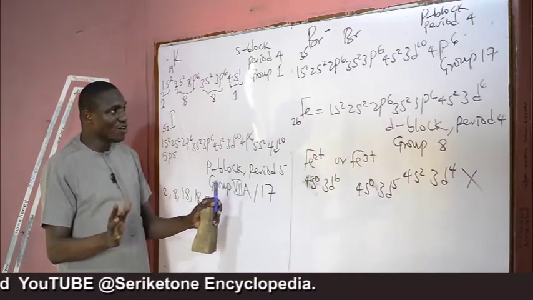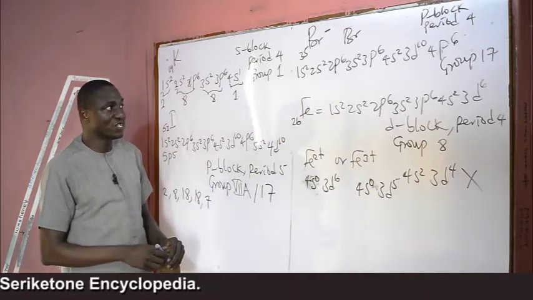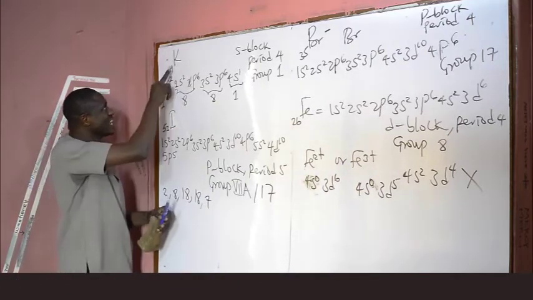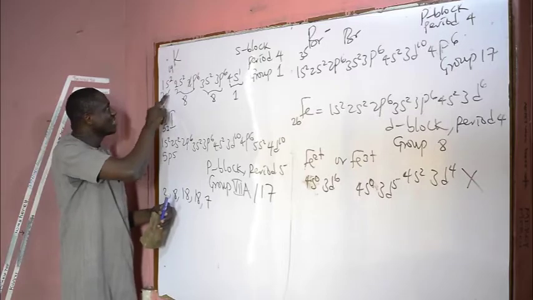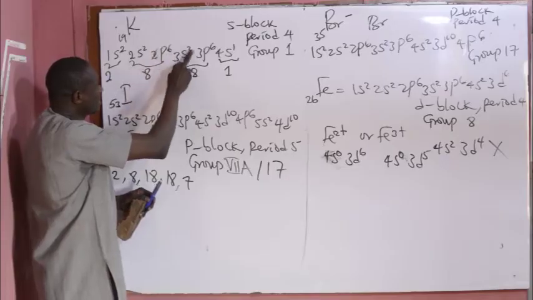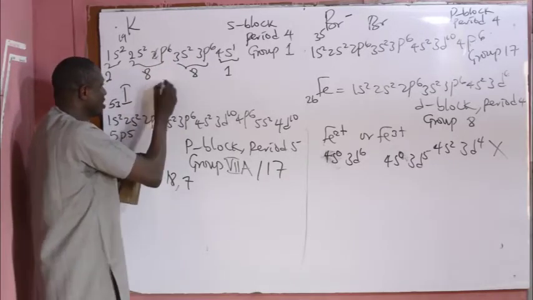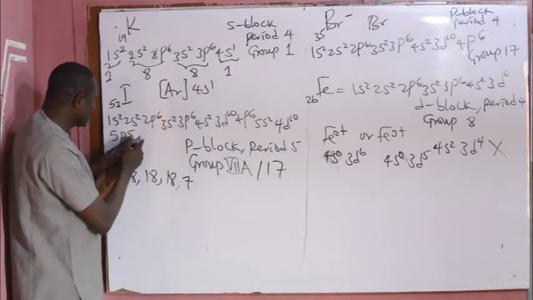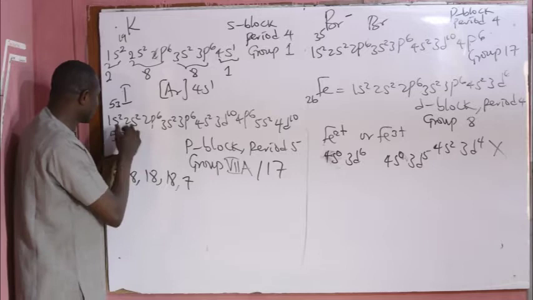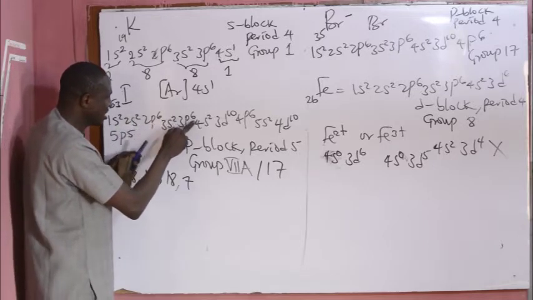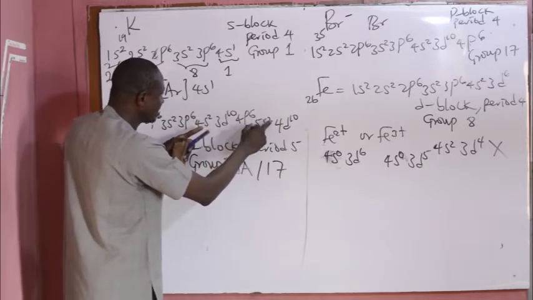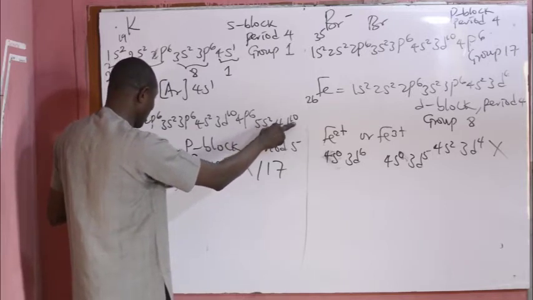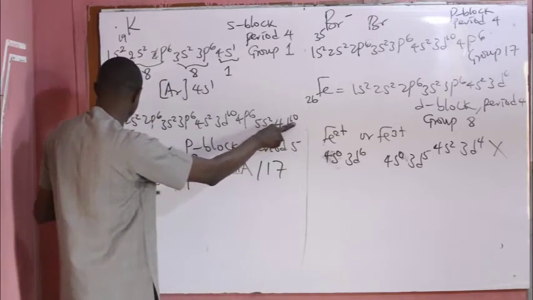There is also what we call the short form of electronic configuration, where you make use of the nearest noble gas. For instance, the nearest noble gas to potassium is 2, 10, 18. That is argon. So you can write that as argon 4s1. While for this, the nearest noble gas has atomic number what? 2, 10, 18, 20, 30, 36, 38, and then 48.